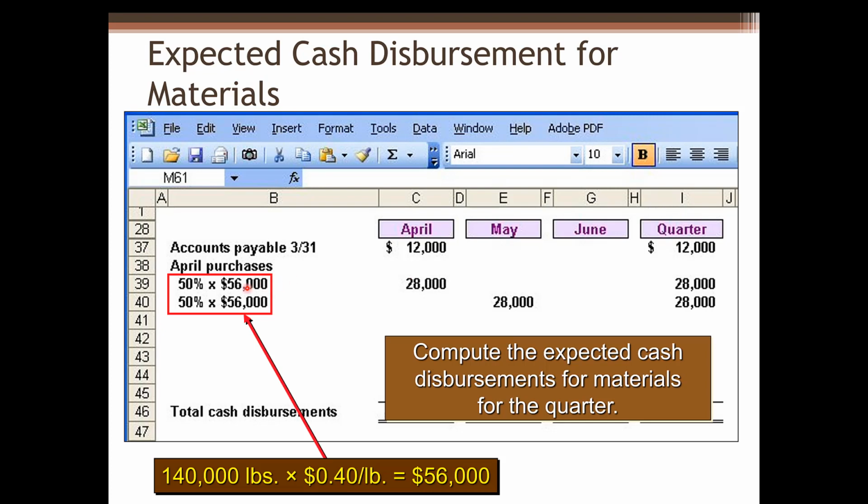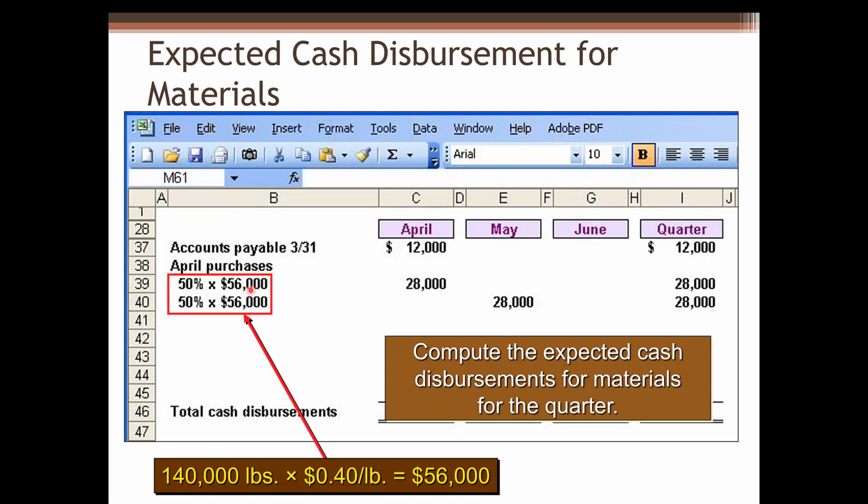Now let's take a look at cash disbursement for April purchases. From the direct materials budget table we've just prepared, materials to be purchased in April are 140,000 pounds. Each pound costs 40 cents. So total purchases in dollars is 140,000 pounds multiplied by 40 cents, which gives $56,000.